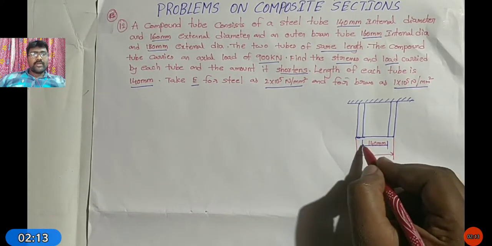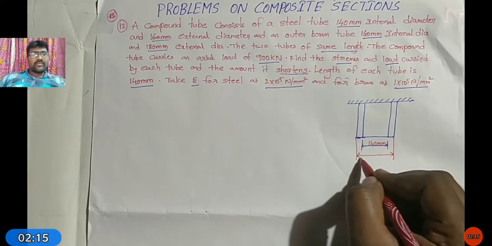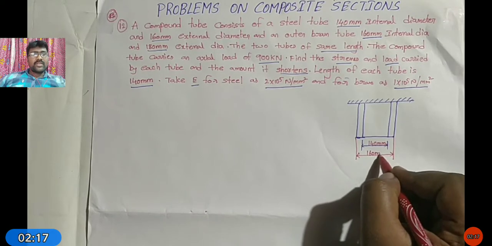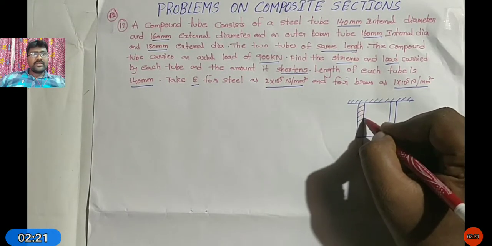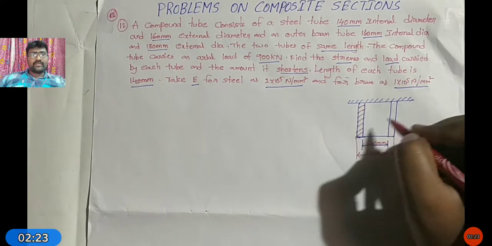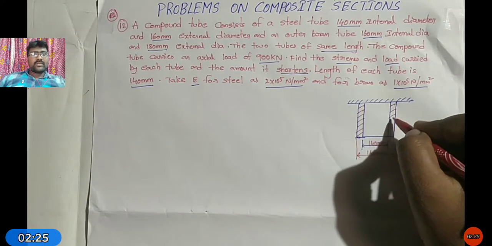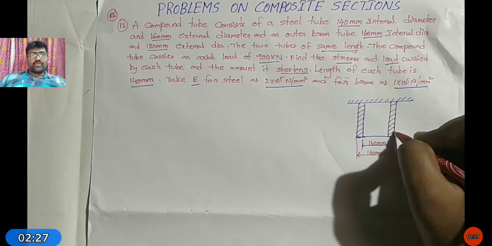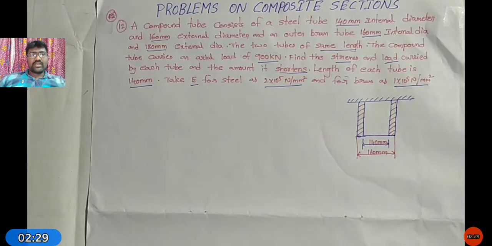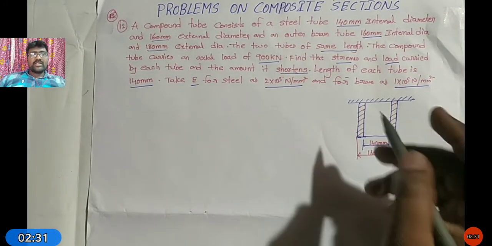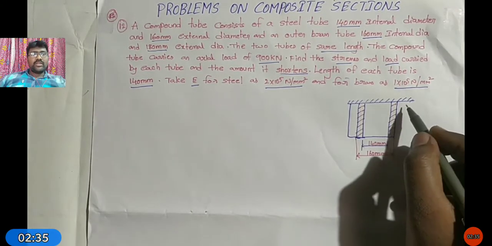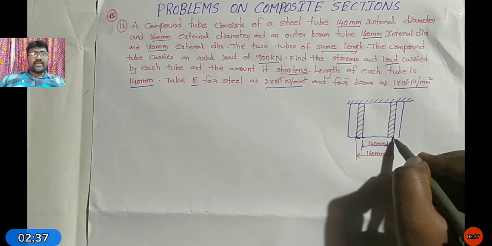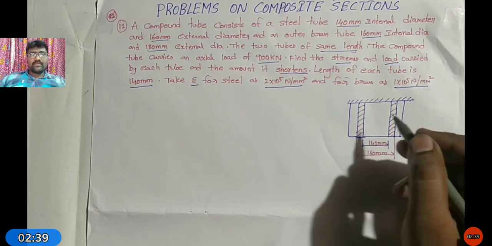Now I am indicating the dimension of the outer tube, that is 160 millimeters. Next, give the hatching in one direction. It is the steel tube of a composite section. Next, it is enclosed in a brass tube with an internal diameter of 160 mm.